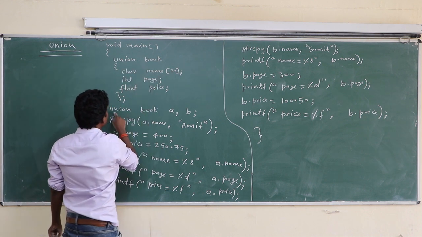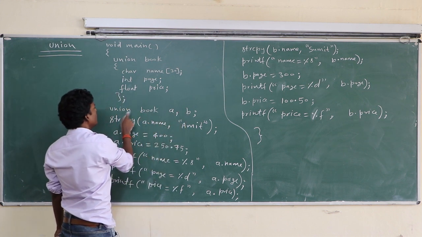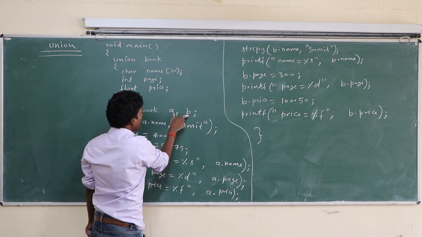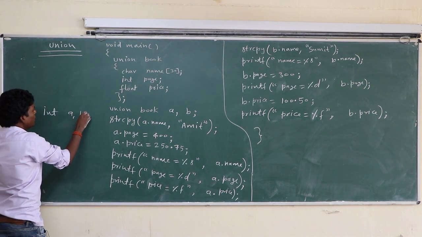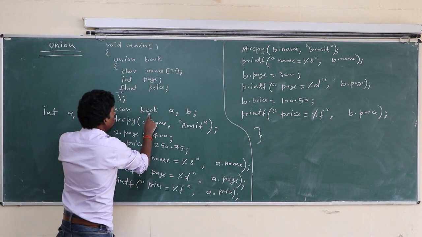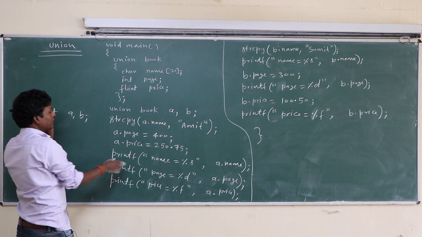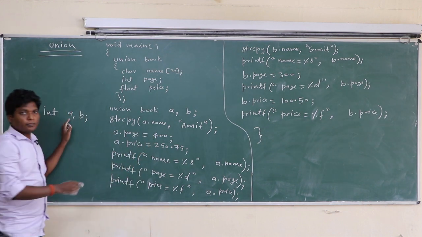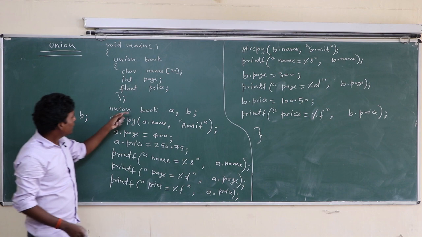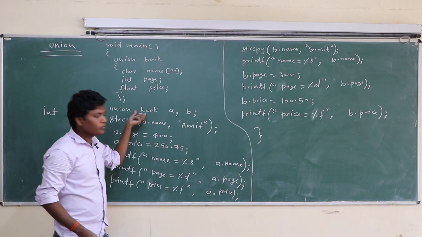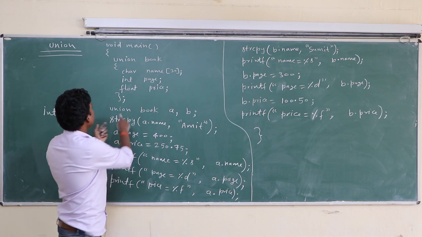This is the data type and this is the variable of this data type, like int A comma B, we use union book A comma B. So union book is a data type like int, and A and B are variables.